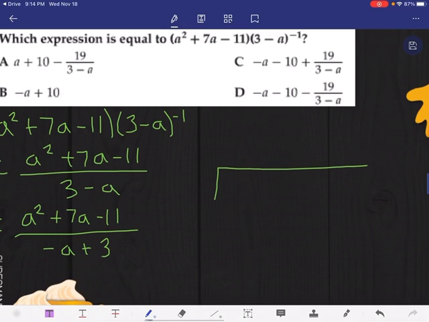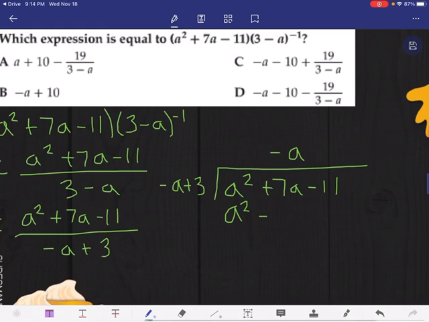So same process that we had before. I'm going to put my dividend on the inside, my divisor on the outside, and then we're going to do our long division. So we're going to say negative a times what is going to give us a squared. So that would be a negative a. Negative a times negative a gives us a positive a squared.